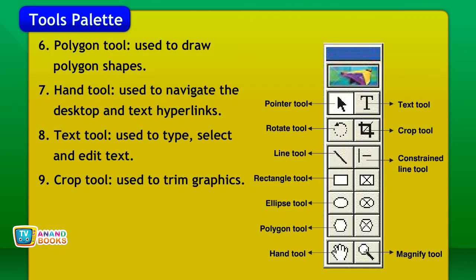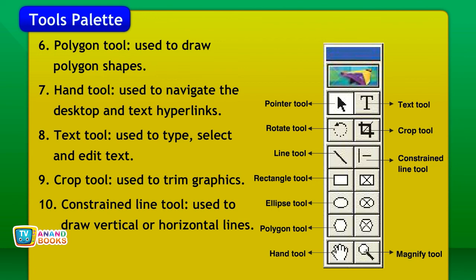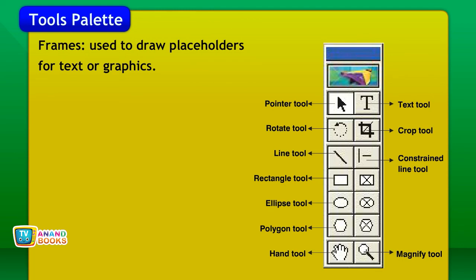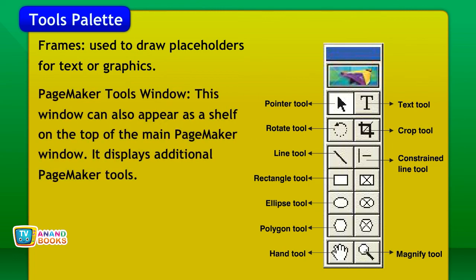Used to trim graphics. 10. Constraint line tool. Used to draw vertical or horizontal lines. 11. Magnify tool. Used to magnify or reduce the area viewed. Frames. Used to draw placeholders for text or graphics.